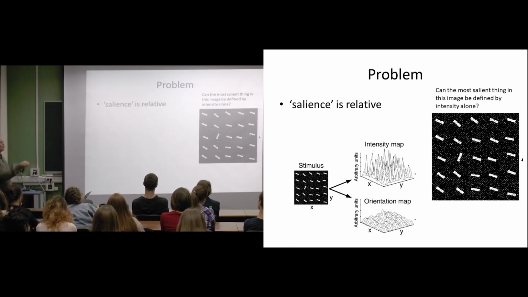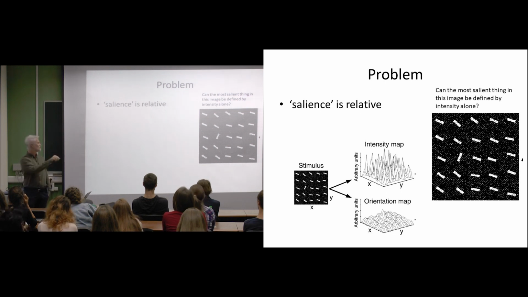If I make one of these red, then suddenly the red line is going to be the most salient thing. So not only can the location of the most salient thing change, the channel can change. We've switched from a luminance salience to a color salience. We've switched from an angle edge salience to a location salience, okay?